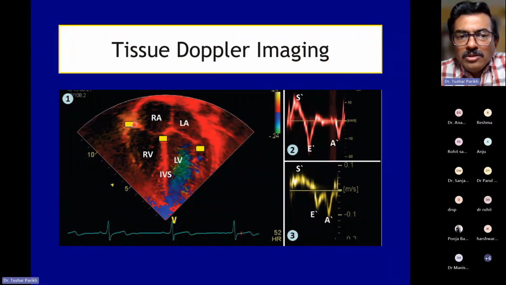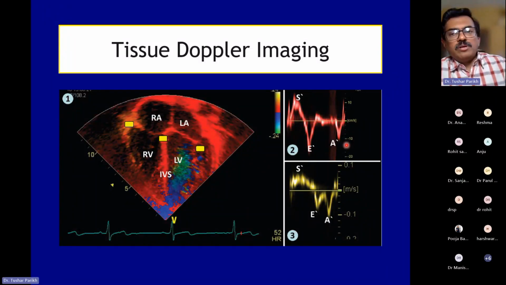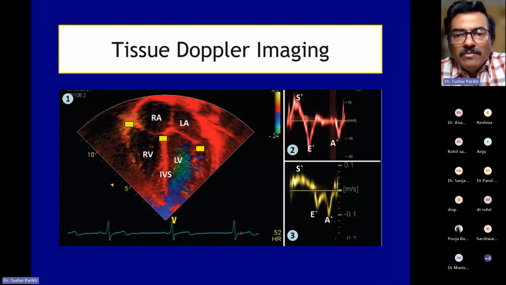So you place the tissue Doppler measurement gate here, and press the button and you will get something like this. So again here you will be able to see the velocity during ventricular contraction and velocity during diastole.